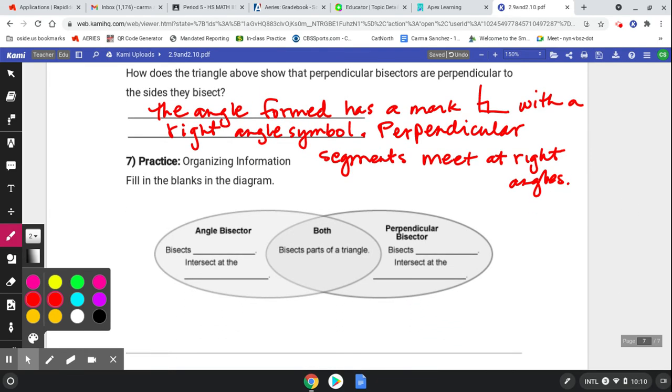And so finally, let's look at a little diagram here between an angle bisector and a perpendicular bisector. Both of them bisect part of a triangle, but an angle bisector bisects the angles, and it intersects at an incenter, whereas a perpendicular bisector bisects sides that intersect at the circumcenter.